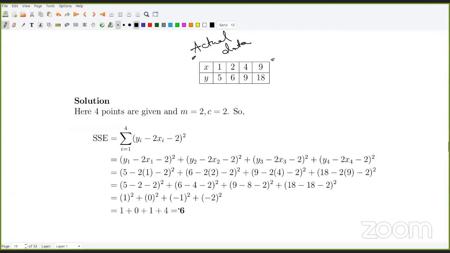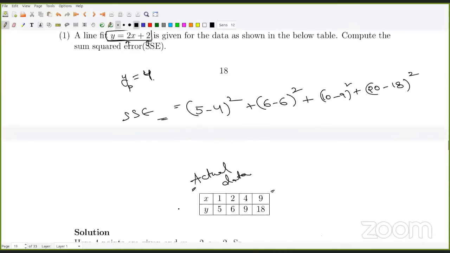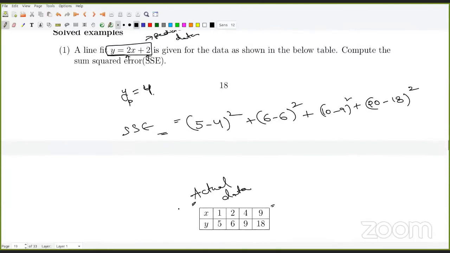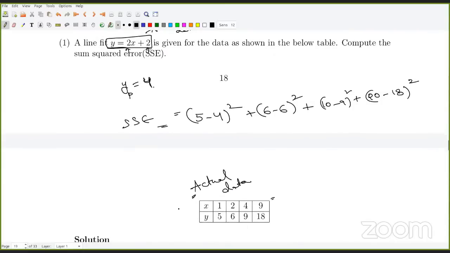When I substitute x in real, I am performing an experiment, and I substituted x as 1 and I got 5 as my output. So that means this table is the actual thing, and the equation is the predicted thing. Okay, understood, sir. So we are computing just the error between our prediction and the actual. Okay, sir. Thank you, sir.